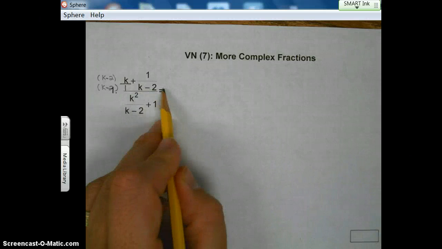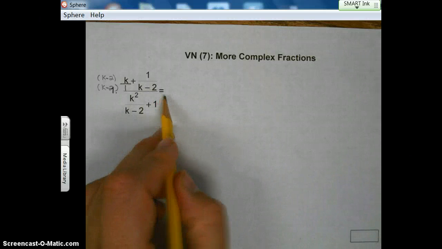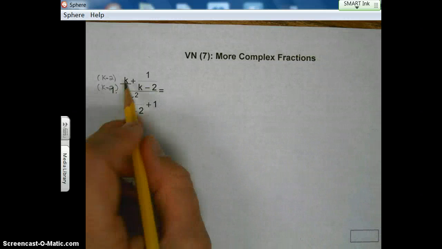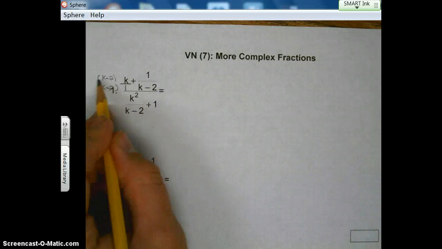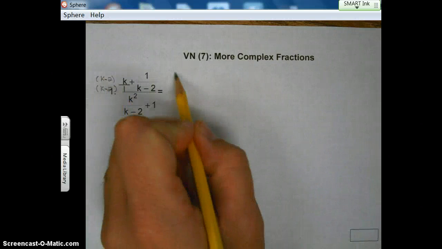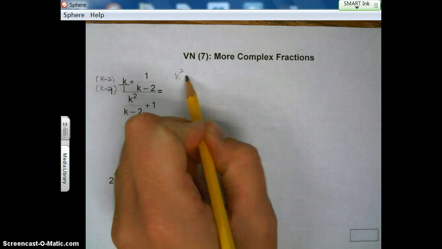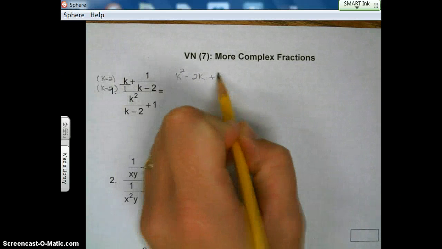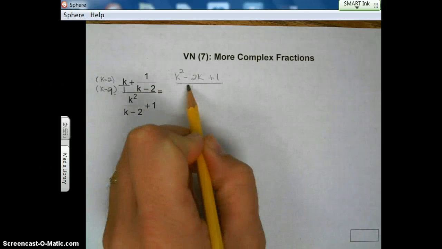We don't need to put a 1 over here because 1 times k minus 2 is just k minus 2. Okay, so we have k times k minus 2, which is going to be k squared minus 2k plus 1 over k minus 2.